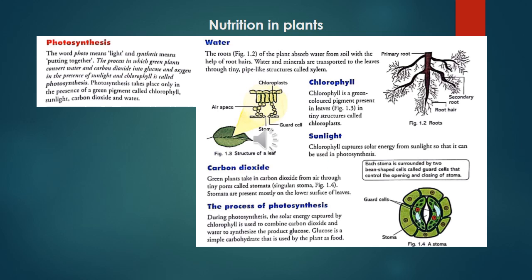The plural form is stomata and the singular form is stoma. Stomata are actually present on the lower surface of the leaves. A stoma is always guarded by two bean-shaped cells called guard cells. So these guard cells control the opening and closing of the stoma.